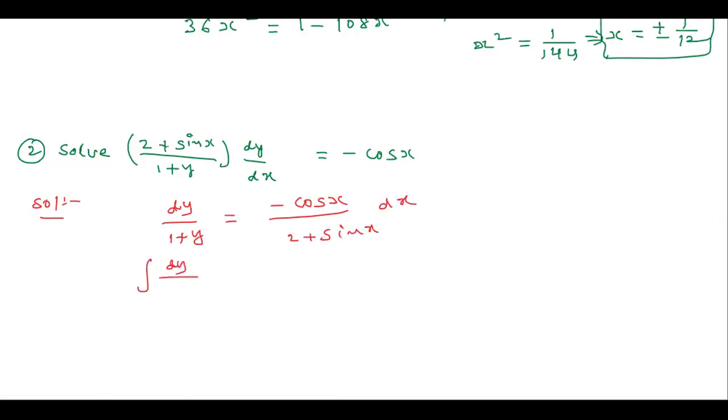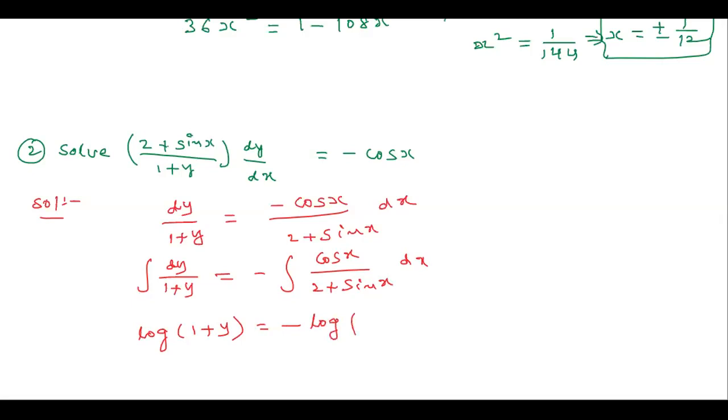Integration of 1 by 1 plus y dy is logarithm of 1 plus y, that is equal to minus, here it is integration of f dash of x by f of x. Now we get minus logarithm 2 plus sine x plus the integrating constant log c.